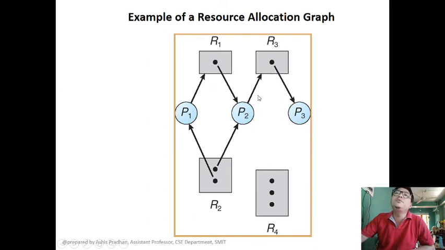So P2 can execute all instructions with the help of R1, R2, and R3. Once P2 completes all its tasks, P1 also gets R1 released, and that's how the task is completed by all three processes. So this system is not in a deadlock.